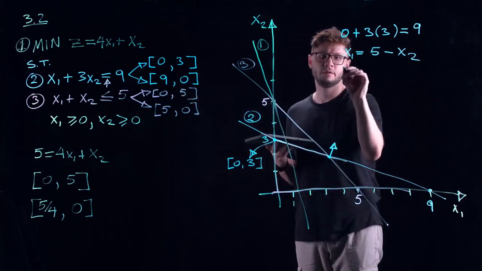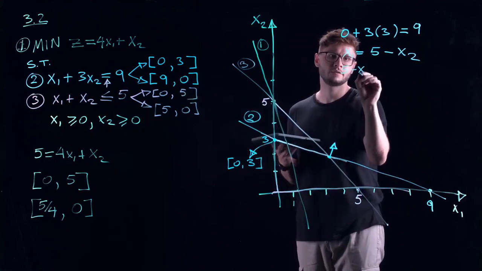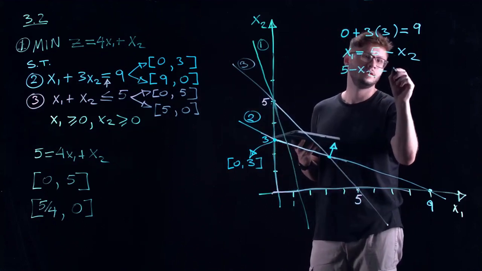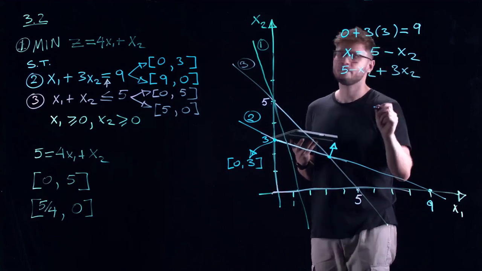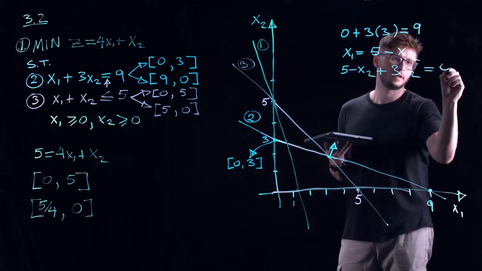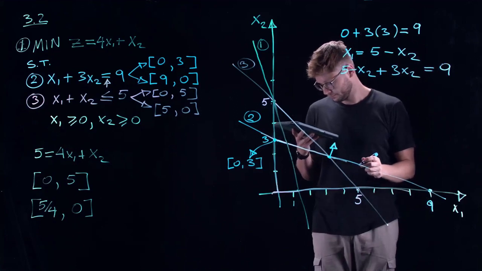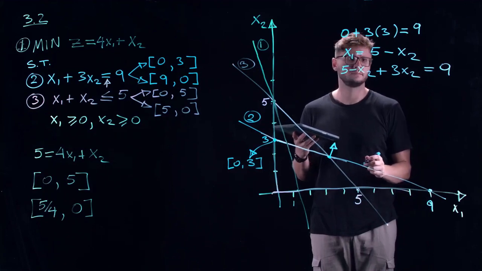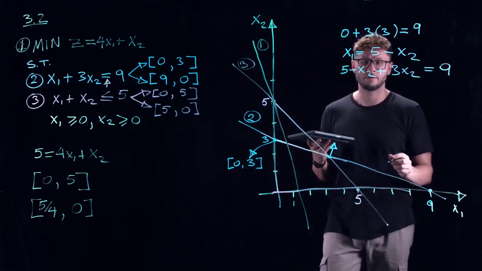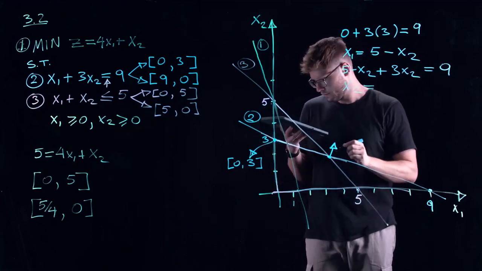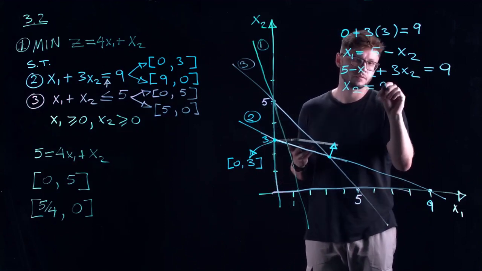So it's going to be 5 minus x2, right? That equals x1 plus 3x2 equals 9. If we solve for x2 here, we will find that x2 equals 2.